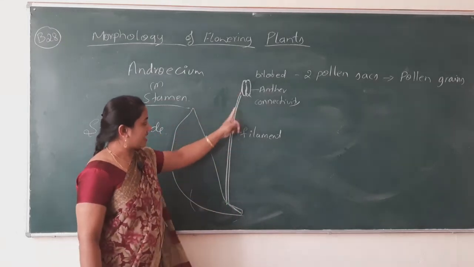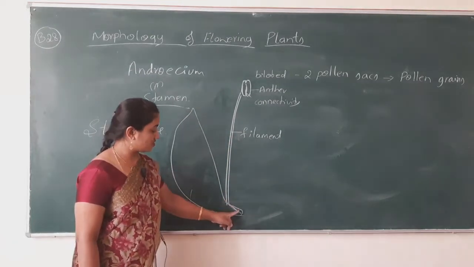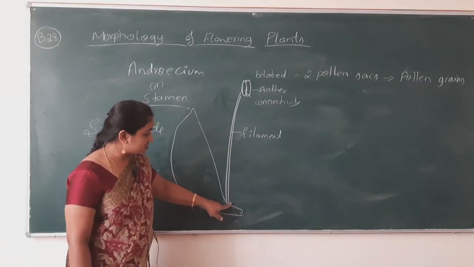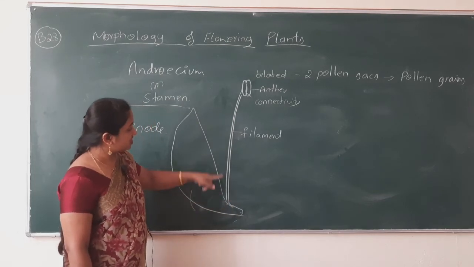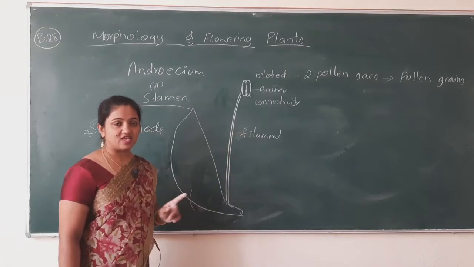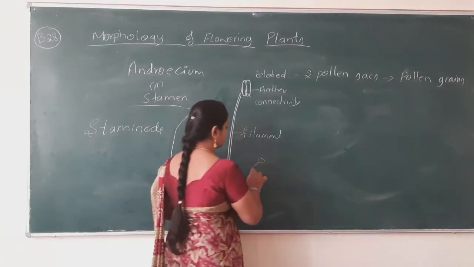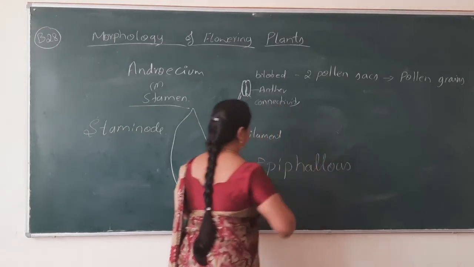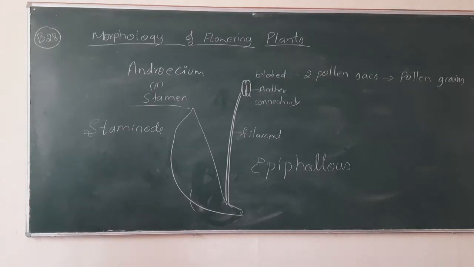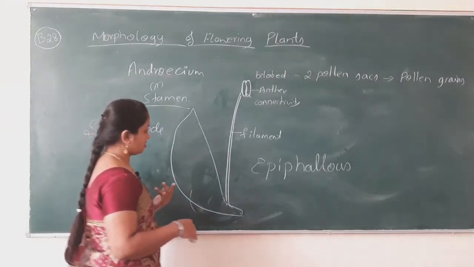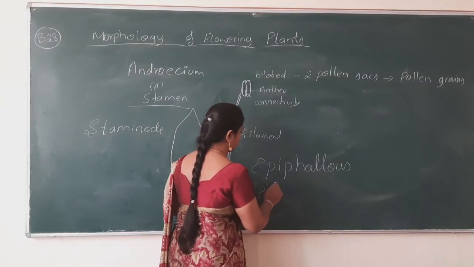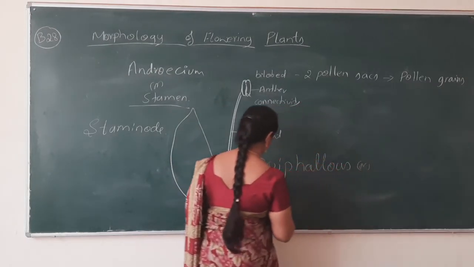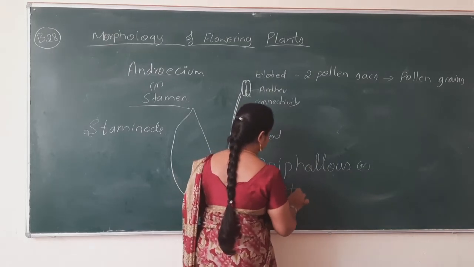If the androecium is produced on the surface of this petal, the type of flower is known as epipetalous. Petalous means petals, epi means on that.